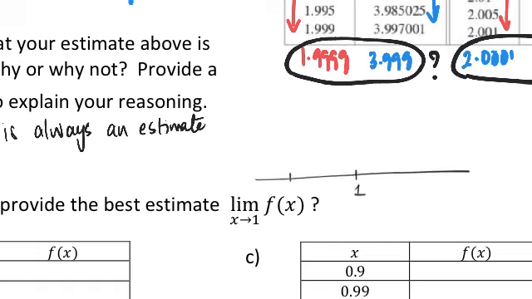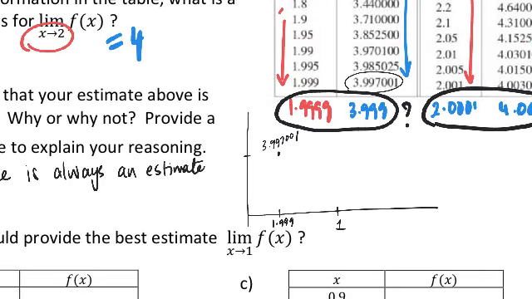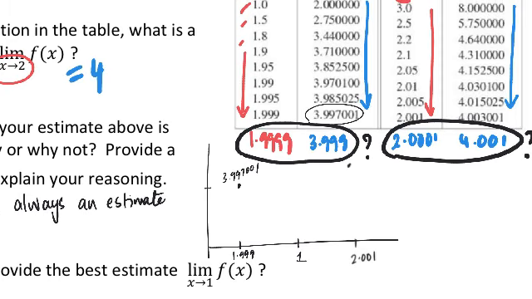So say I'm at 1.99, which the table has, and my y is up here at 3.997001. And then on the other side, at 2.001, my y is at 4.003001, right? So say 4 is right around here.